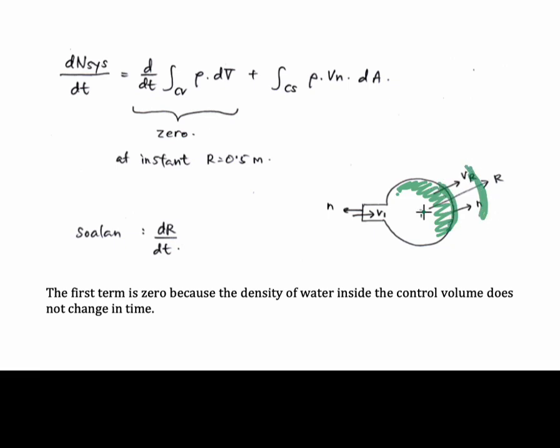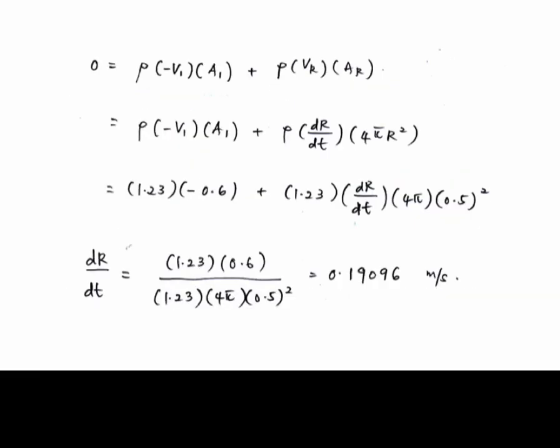So this is the increment of the velocity according to r. And if the r increases, the area is also increased. So we substitute into VR, which is the dr dt, and A here, the area of the balloon.